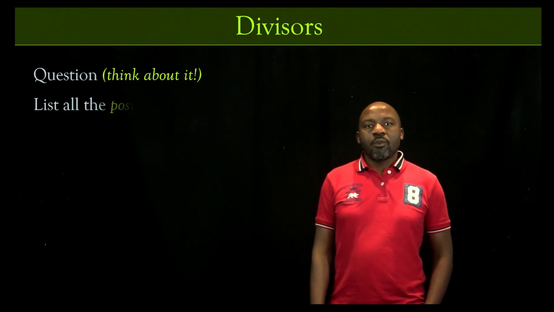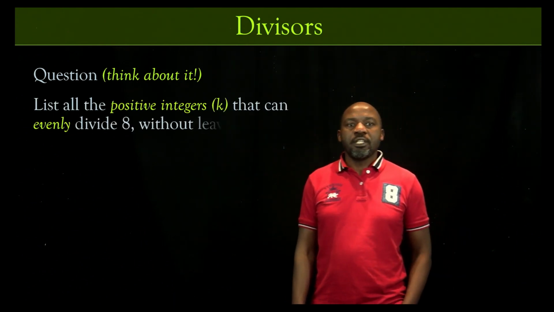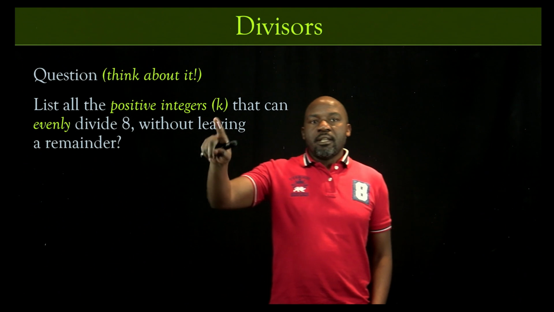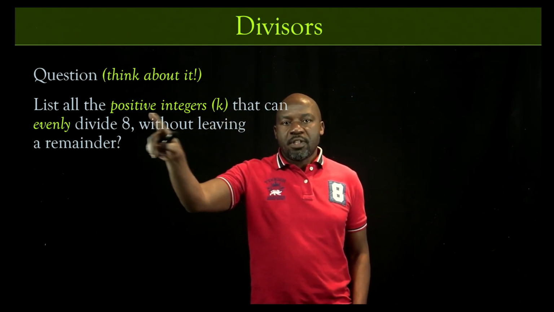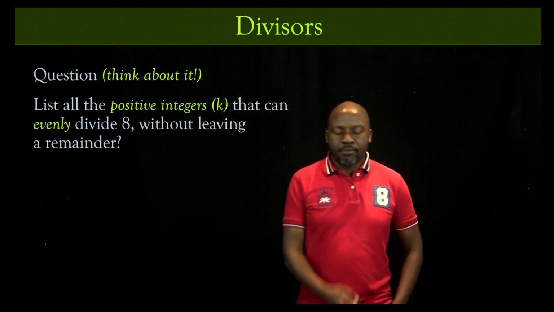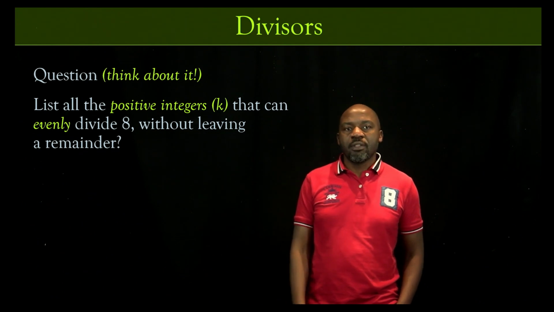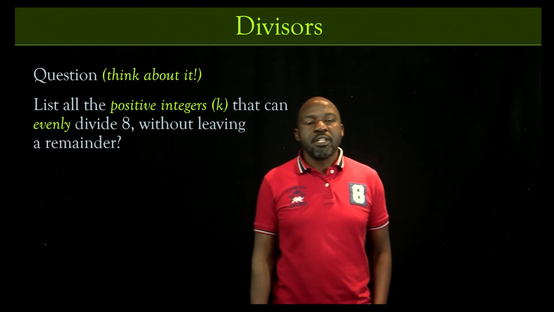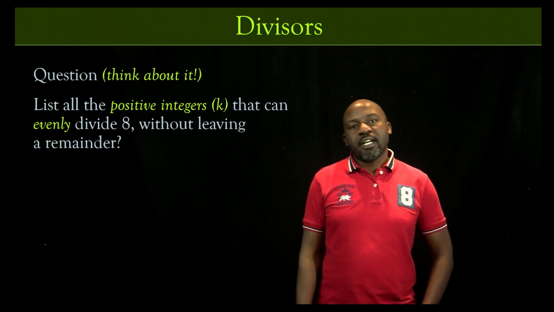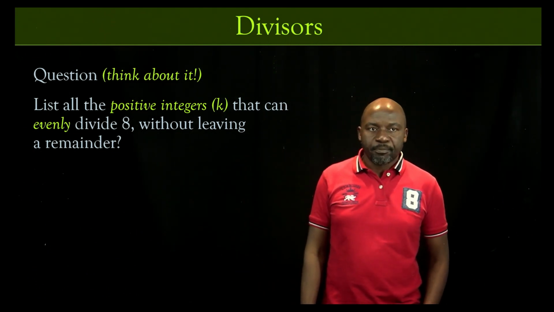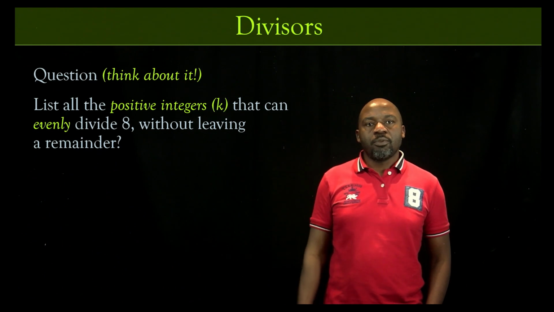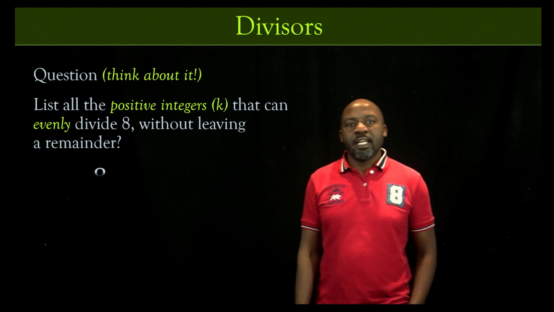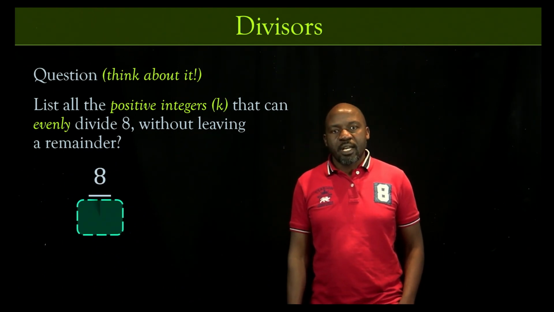The question says, list all the positive integers. Normally, divisors don't have to be positive, but to make our life easier for the time being, let's just think about the positive integers. So list all the positive integers that can evenly divide 8 without leaving a remainder. Which are these positive integers that would divide 8 without leaving a remainder?